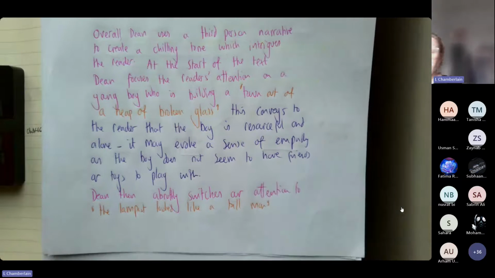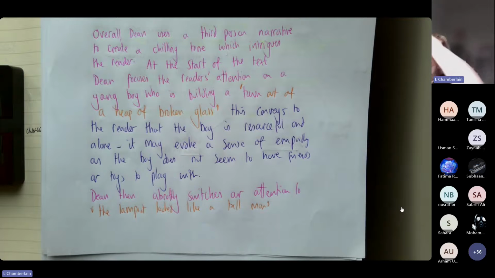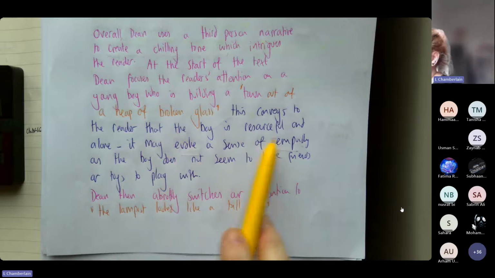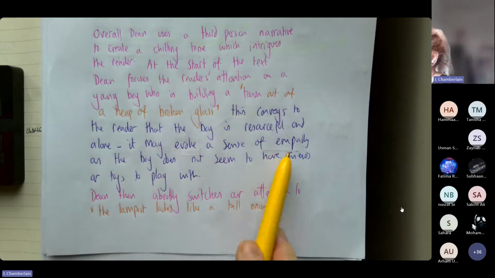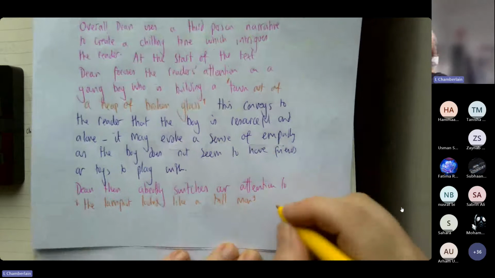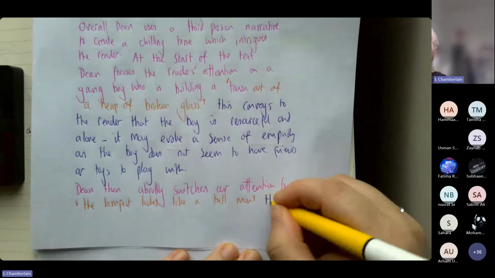And now I need to explain why that switch of focus would be interesting to the reader. So here, for the why, I've got this conveys to the reader the boy is resourceful and alone, may evoke a sense of empathy as the boy does not seem to have friends or toys. Abruptly switches our attention to the lamppost looking like a tall man.